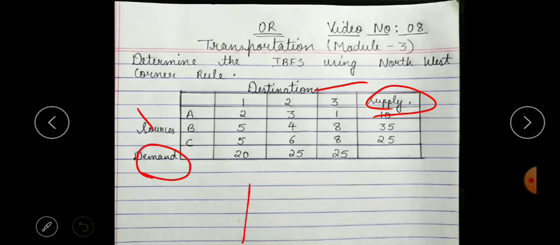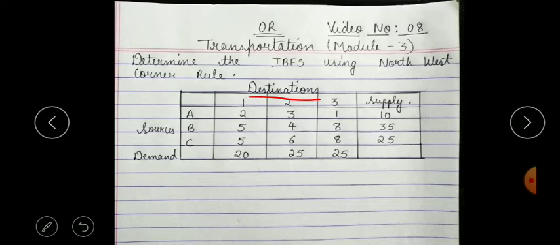Now coming to this problem, it consists of three destinations here, that is 1, 2 and 3, and three sources A, B and C. Normally if you do not know the meaning of source and destination, you can google it out.